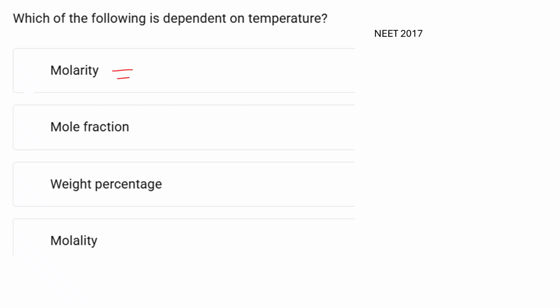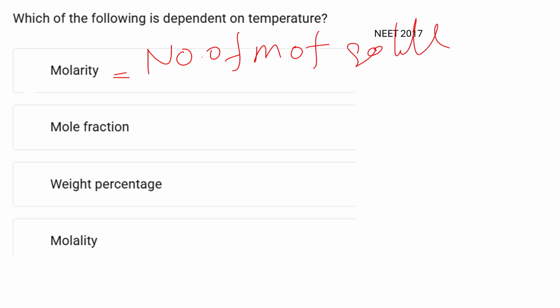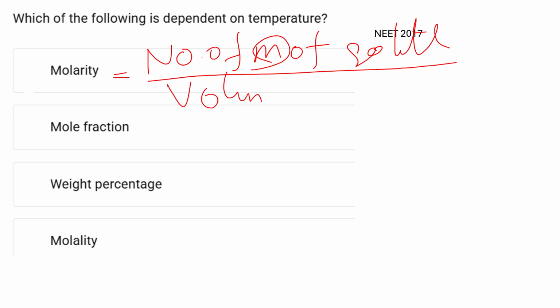Molarity is nothing but the number of moles of solute, where m represents the moles, divided by the volume of solution.